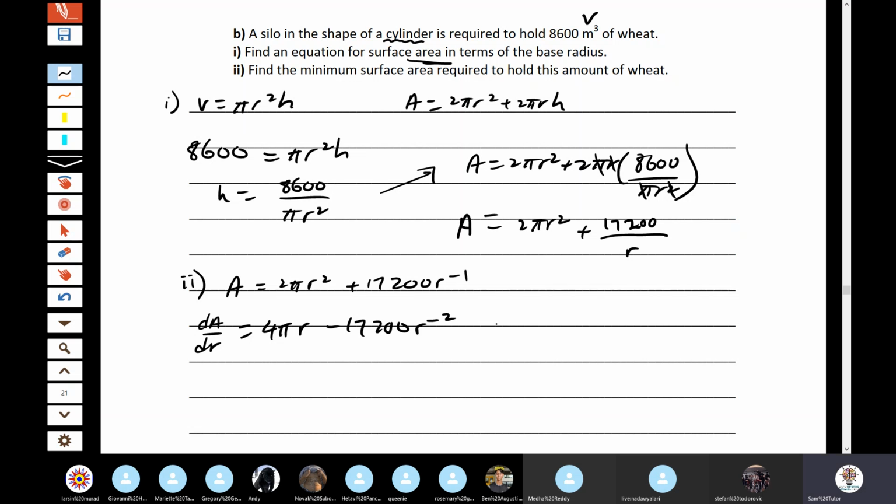Yep. What does this equal to? What must it equal to? 0.